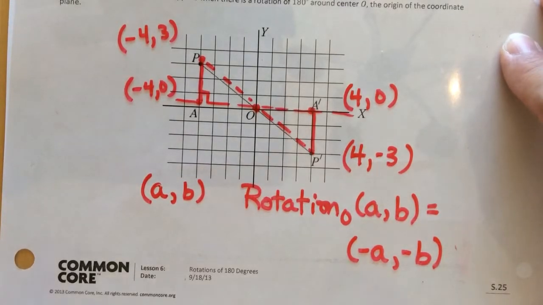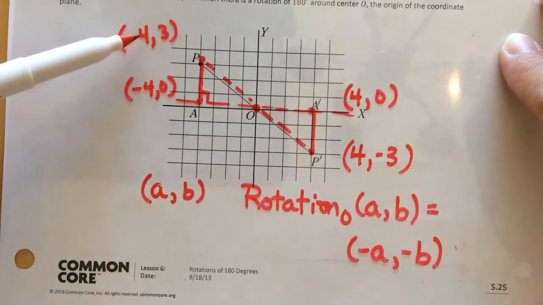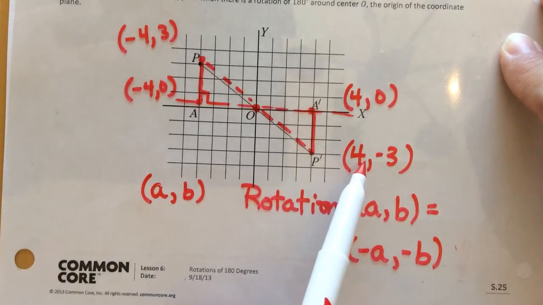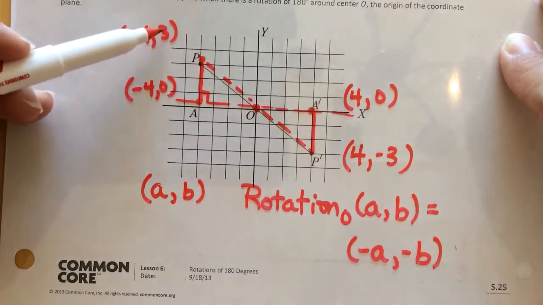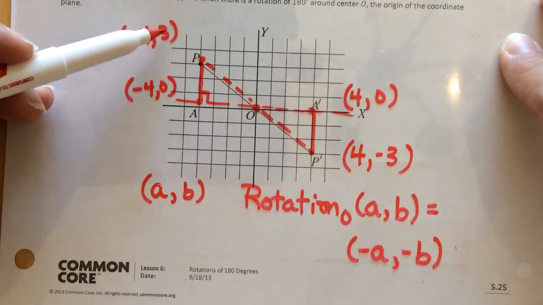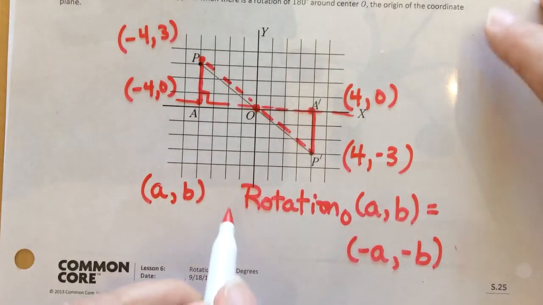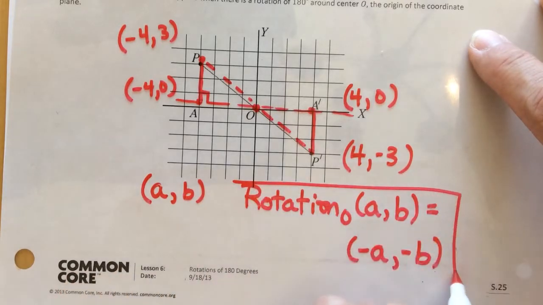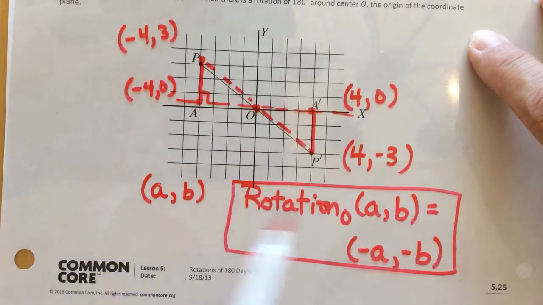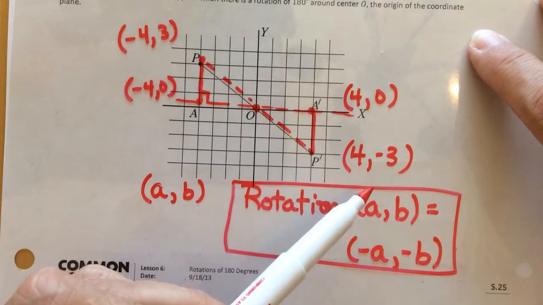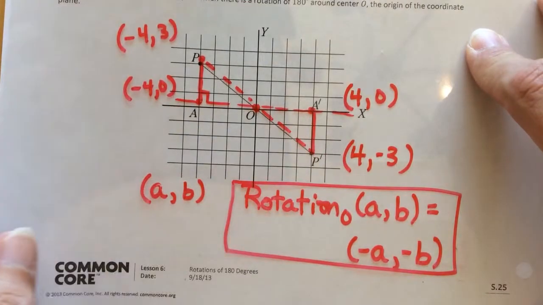So if we look at our point P up here, a is -4, so the opposite of -4 would be +4. b is +3, and the opposite of +3 is -3. So we're going to use this notation to help us figure out the coordinates of a rotated point.